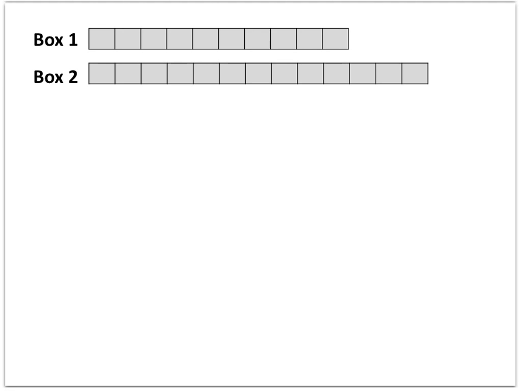We want to know the total weight in the boxes together. We're told that box 2 has 30% more, so that's represented by those 3 groups there. We're also told that that additional amount is equal to 6 ounces. So 3 groups of chocolate equals 6 ounces. And now we're going to figure out how much one group weighs.